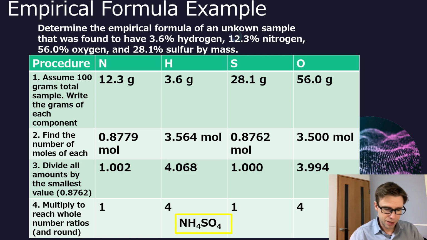So in this type, you are given some percentages, just like on the previous slide that I calculated, the percentage by mass of several different atoms or elements inside a formula. So: determine the empirical formula of an unknown sample that was found to have 3.6% hydrogen, 12.3% nitrogen, 56.0% oxygen, and 28.1% sulfur by mass.